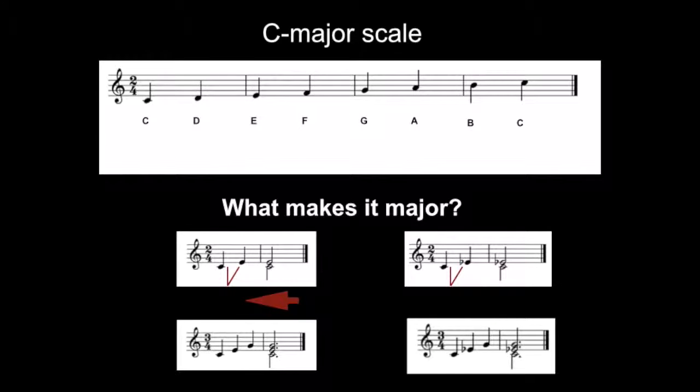And these are triads built on the first scale degree C. First in major, then in minor.